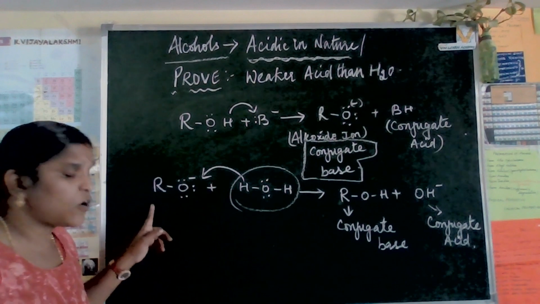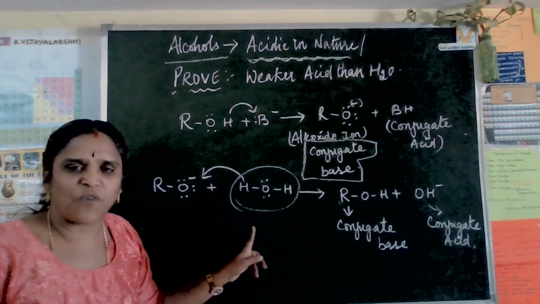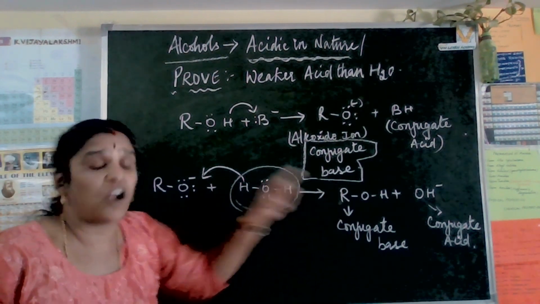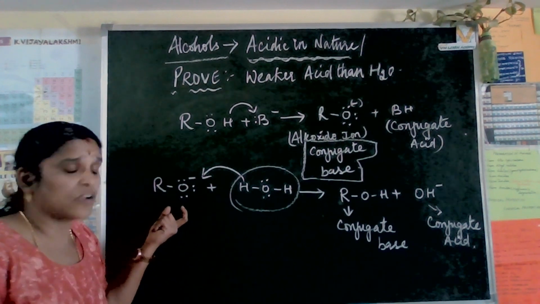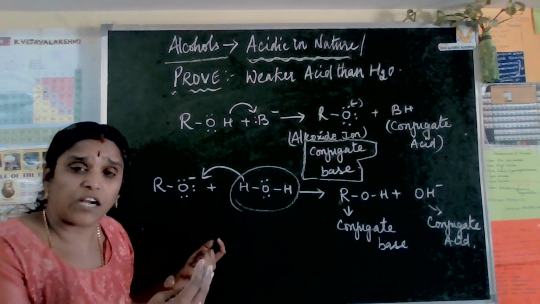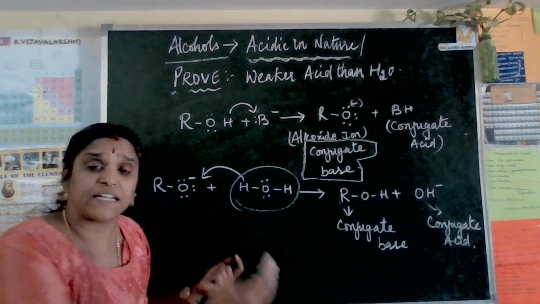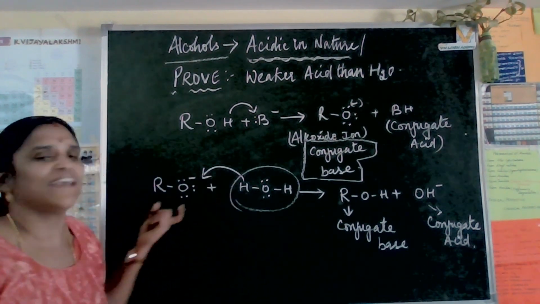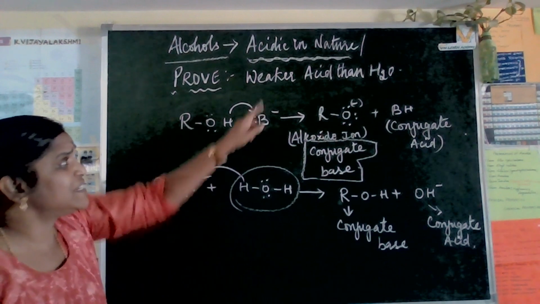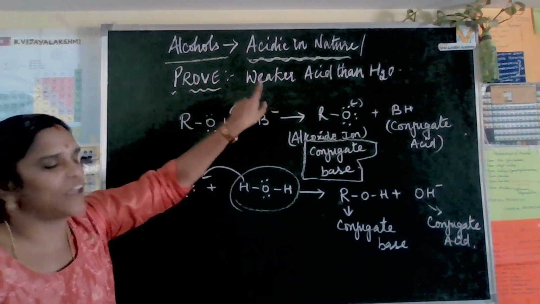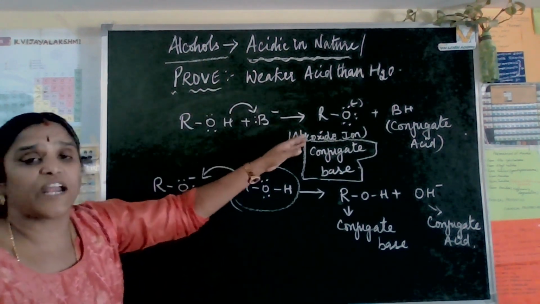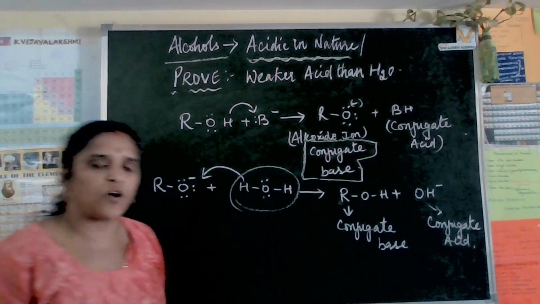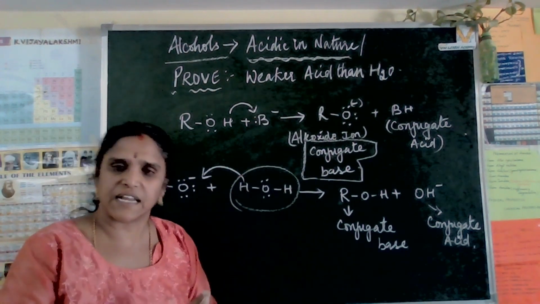Now this alkoxide combined with water again gives alcohol. First point: because it is donating that proton to the base, we say it is acidic in nature. Yes, we proved.